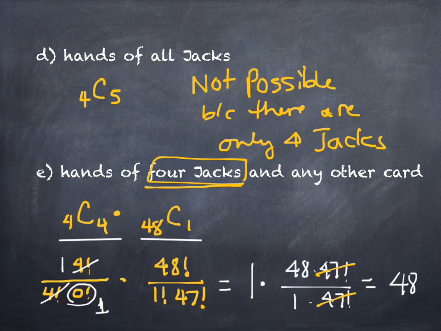Now, think about this. This should make sense, right? I've got all 4 jacks plus a king of hearts. Or I've got all 4 jacks plus an ace of clubs. I've got all 4 plus something else. That something else is the only thing that's changing every time, and there are 48 different things it could change to. Does that make sense? Now let's vary it just a little bit.